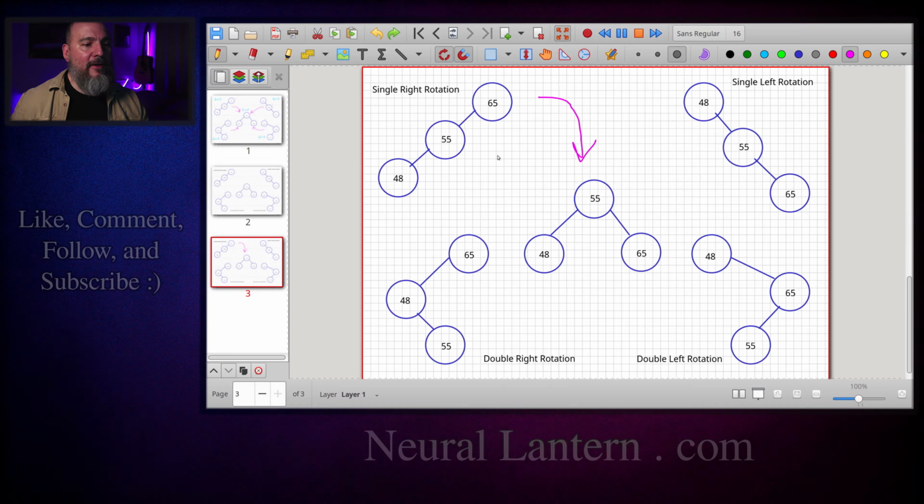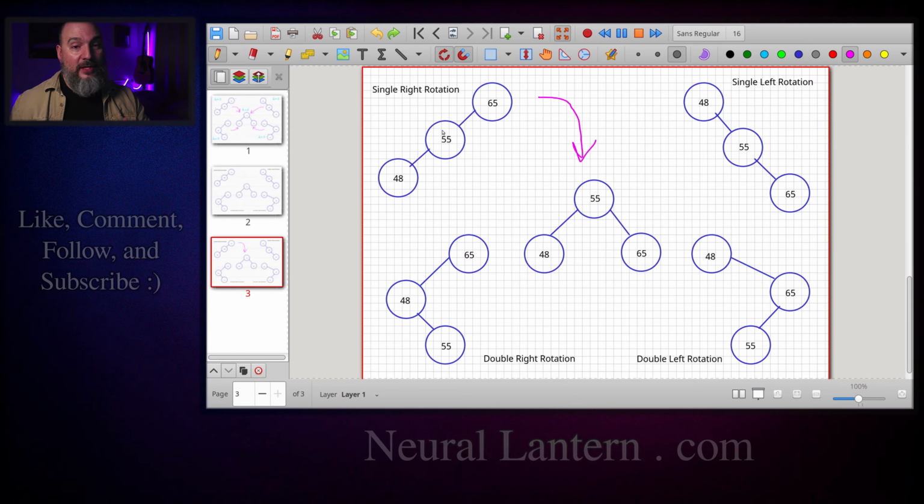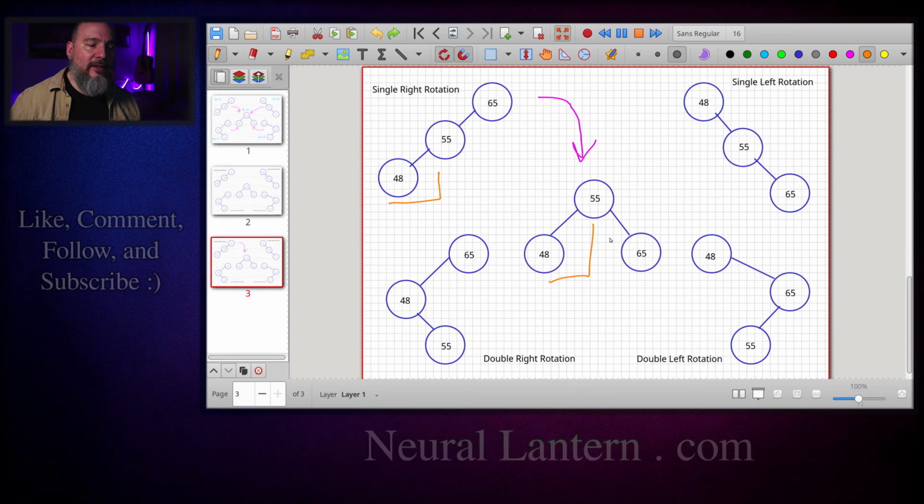Notice how the 55 is the new parent, and it's also in the middle for the output pattern. For the input pattern, the 55 is also in the middle, but it's not the new parent. But it is the parent already of the 48 node. So its relationship to the 48 node, the left child, doesn't actually change.